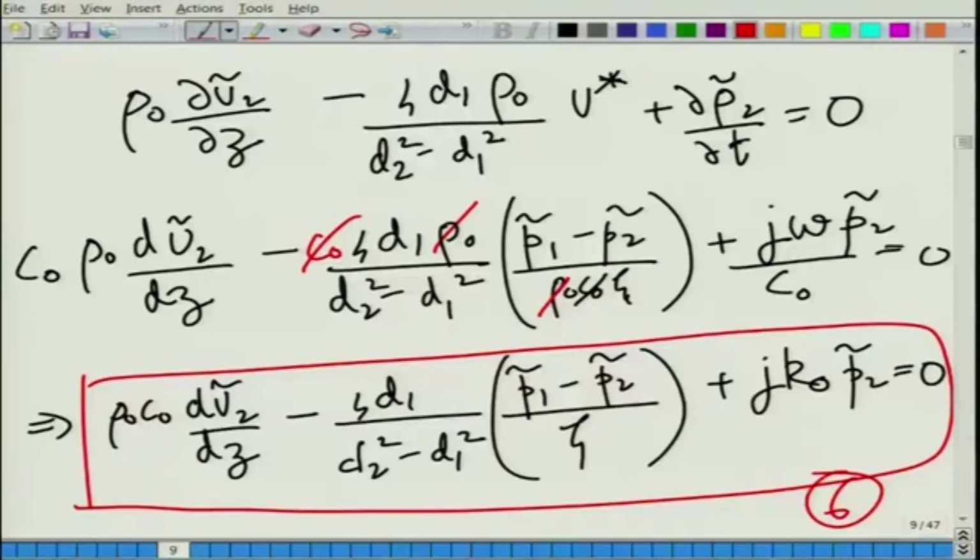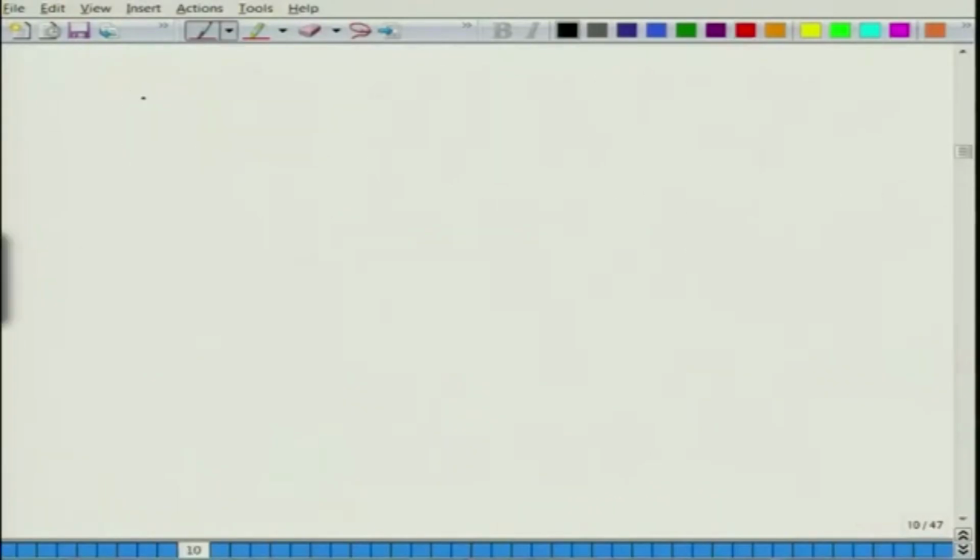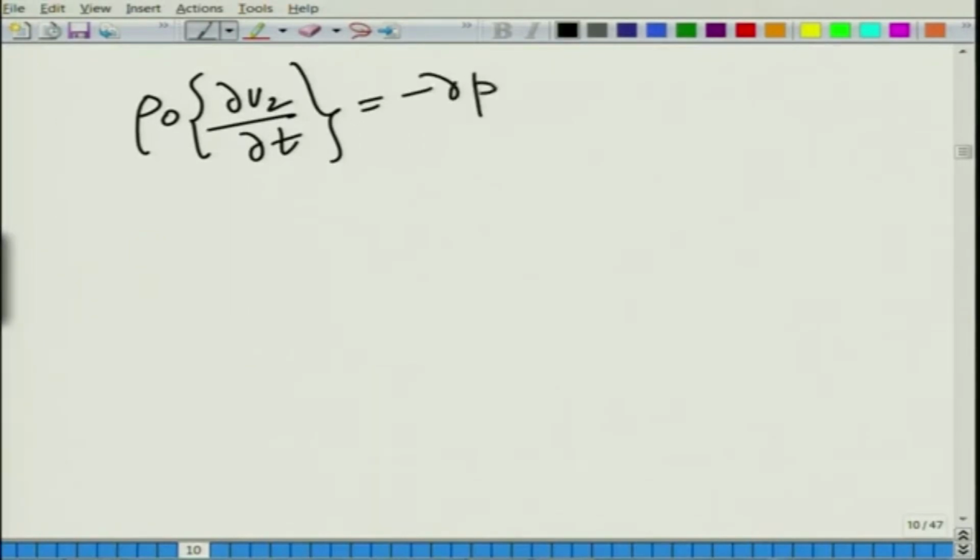Now, what happens to the momentum equation? The momentum equation will be the same as in duct 1, the inner duct, but just that your mean flow is not there. So, we just have minus dP2 by dz. Again let us simplify things.